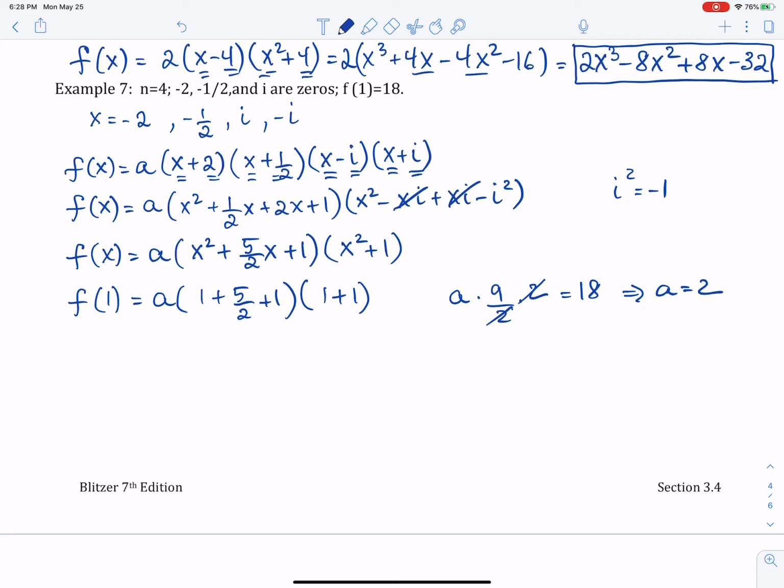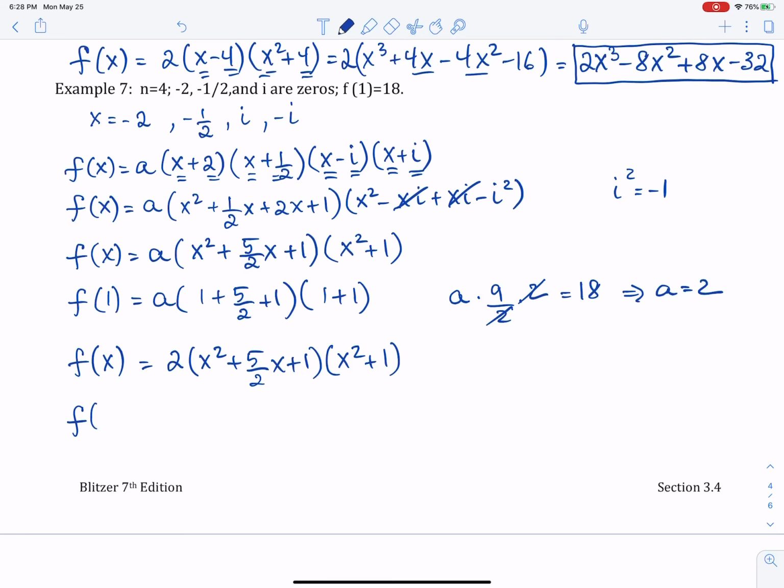So the polynomial would look like 2 times x squared plus 5/2 x plus 1 times x squared plus 1.